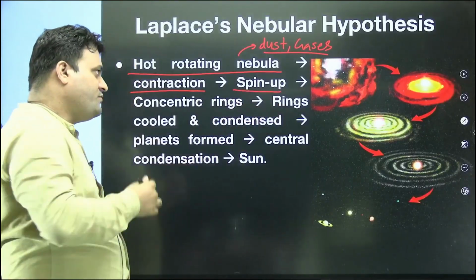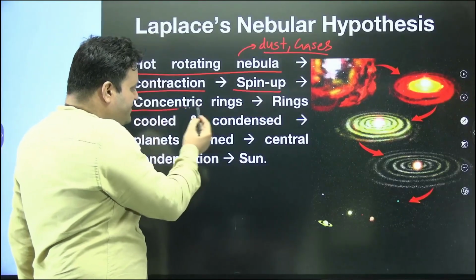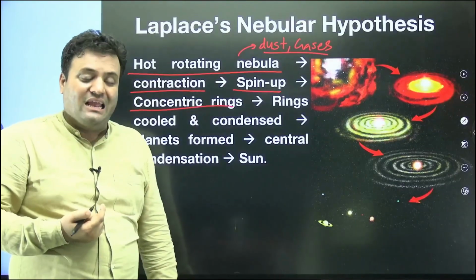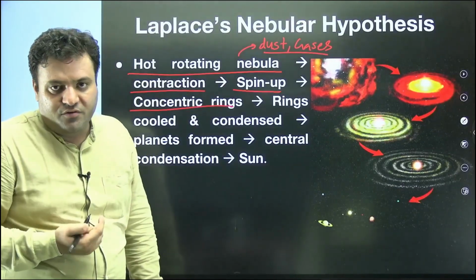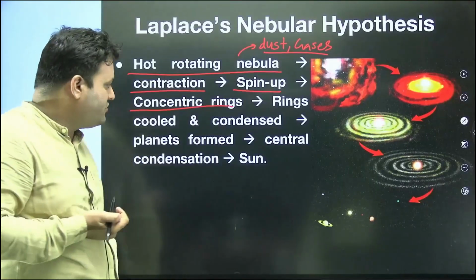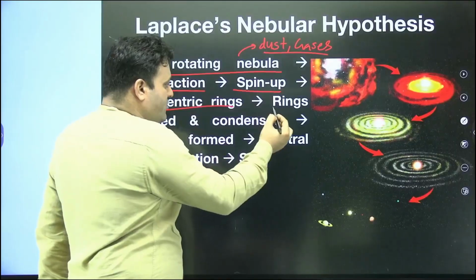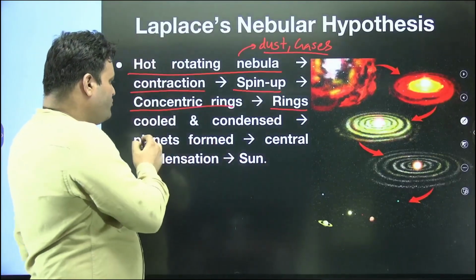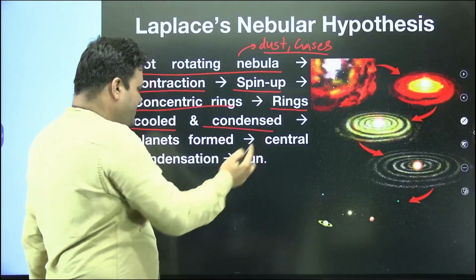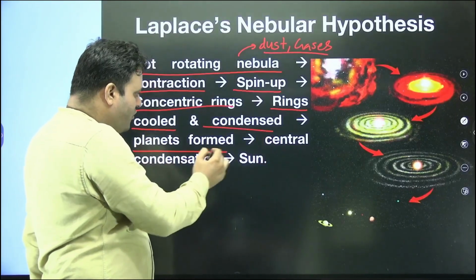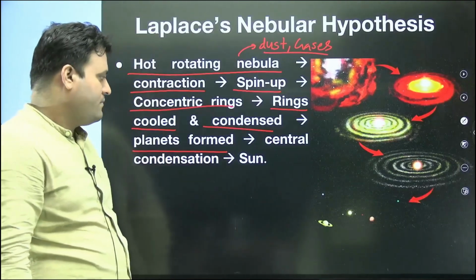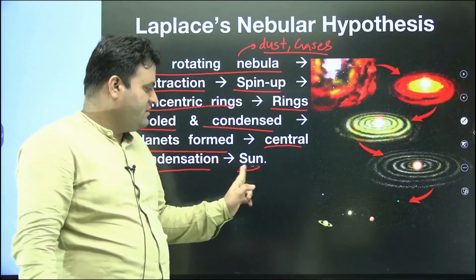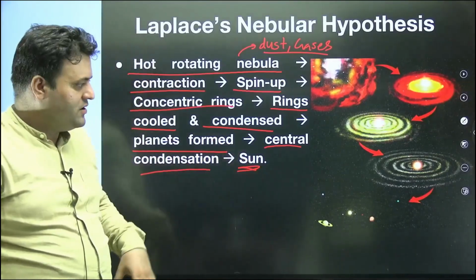As the result of spinning, there were concentric rings because of the instability or disequilibrium in terms of centrifugal force with that of gravity. As a result of this, concentric rings were coming out from the core part. They became cooled, they became condensed, and these planets formed, with the central condensation, and the sun was formed at the center.